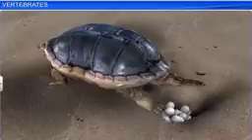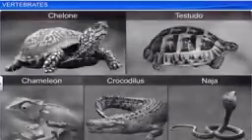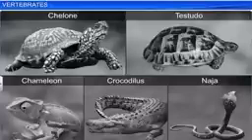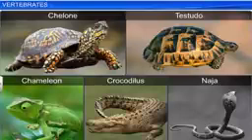They are oviparous and exhibit direct development. Some common reptiles are Chelone, Testudo, chameleon, Crocodilus, and Naja.